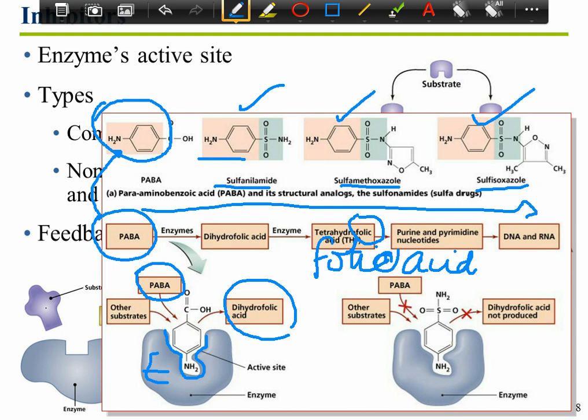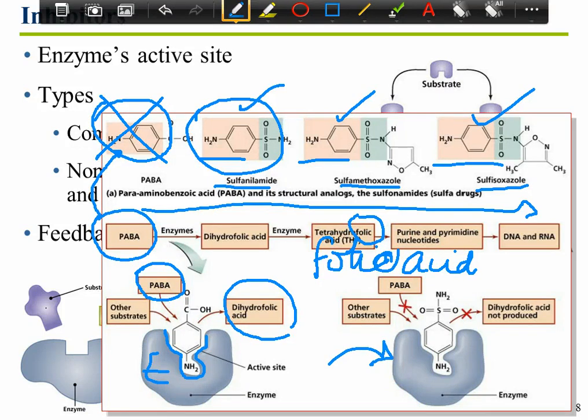Okay, here, here, here. So if any of these molecules are present, they serve as molecular decoys for PABA. In other words, the cell will pick up the sulfa drug erroneously instead of PABA, which is what you see happening here.